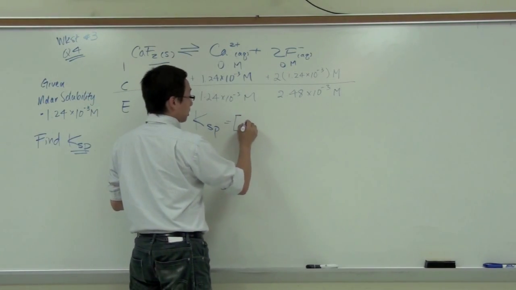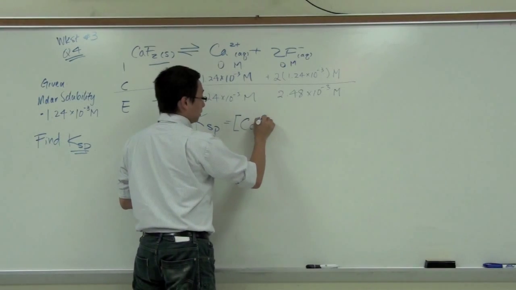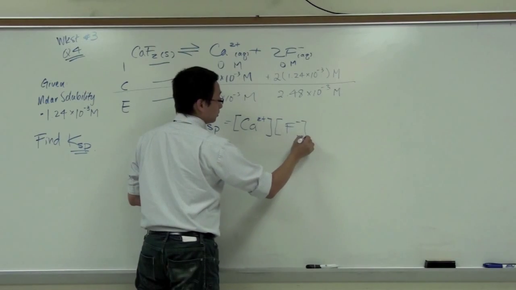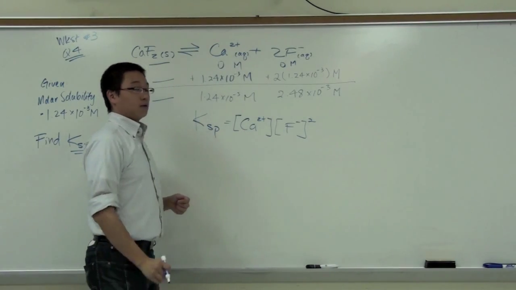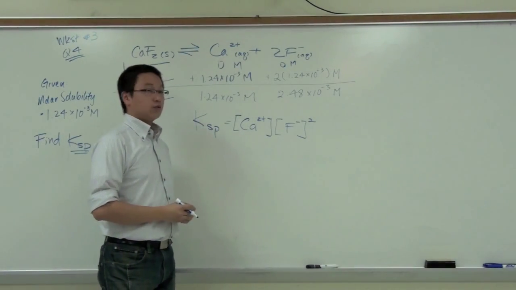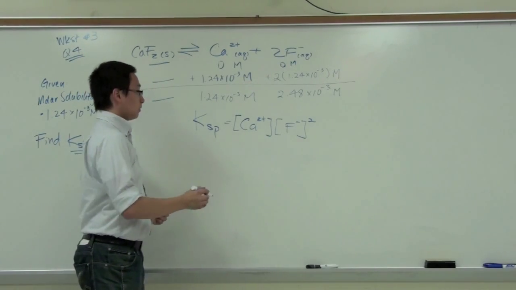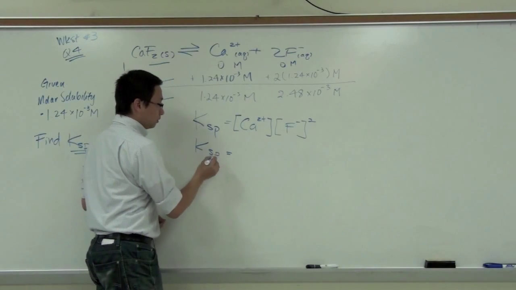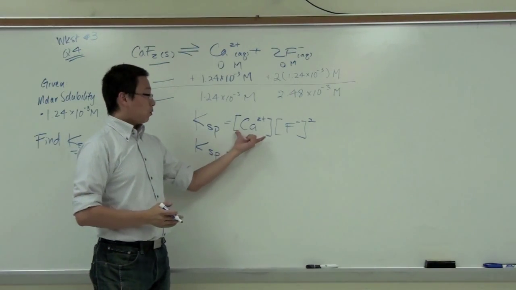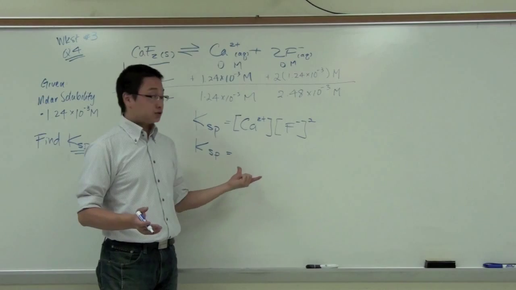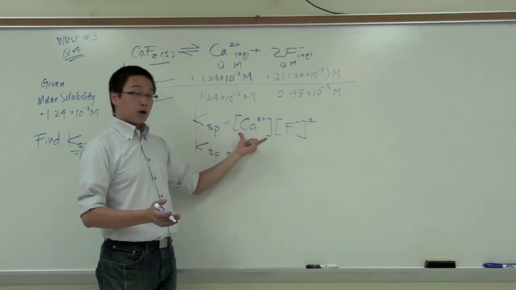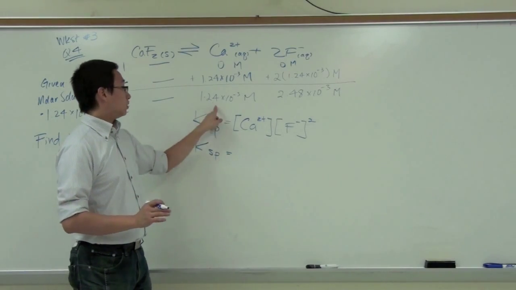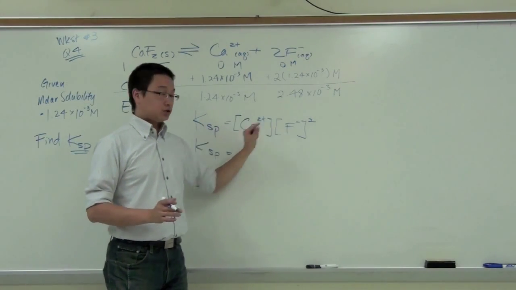That means the expression is going to be just the calcium ions times the fluoride ions raised to the second power. What is next? We have the expression, and we need some numbers to put in here and calculate. What numbers do we put in here? It is the concentration at the equilibrium, meaning these two concentrations.